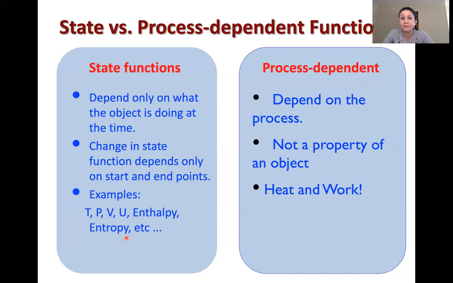But then there are some things that are process dependent, and that's specifically heat and work, because heat and work describe exactly that process, how that energy was transferred. So it's not a property of your system or object itself. Your system cannot contain a certain amount of heat and work.